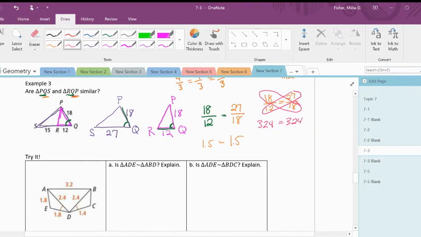So because it's proportional and we have the angle in the middle of those two sets of sides, we can say that triangle PQS is similar to triangle RQP by the side angle side similarity theorem.